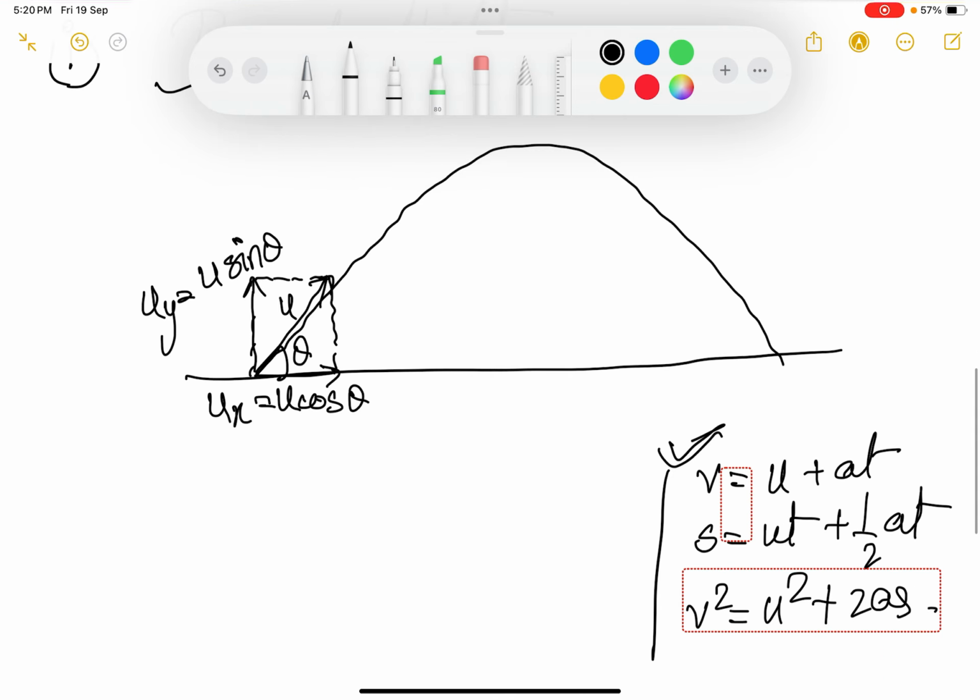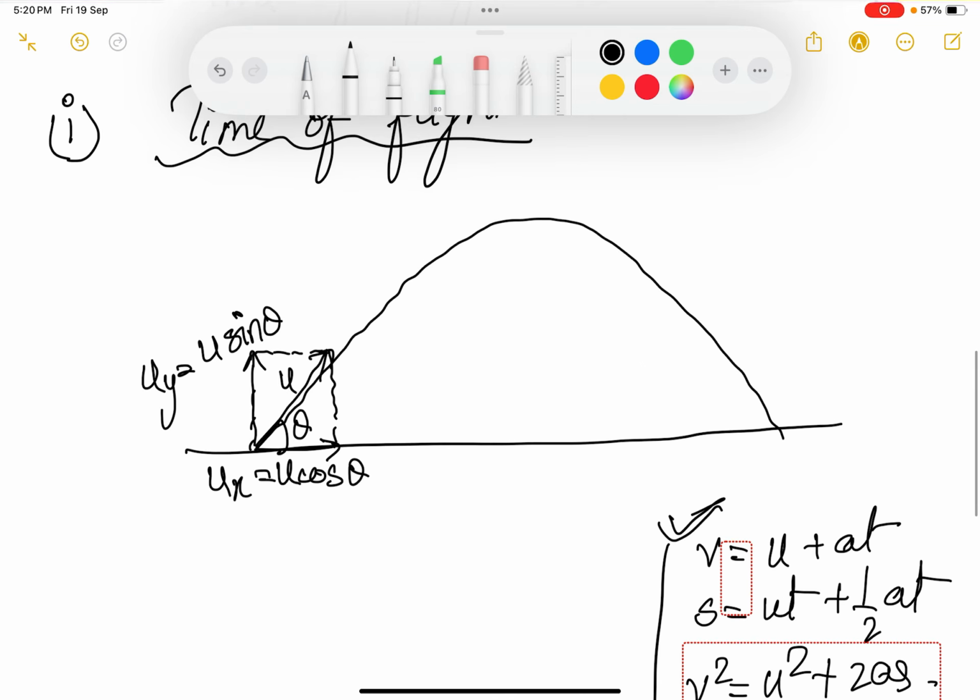In order to find out the time taken by the object to reach the topmost position, how are we going to calculate? Considering the upward side is positive and downward direction is negative.